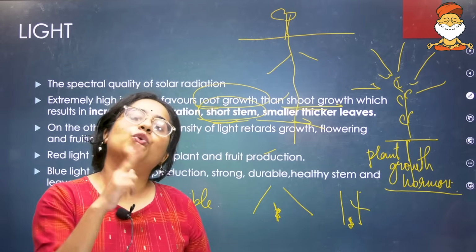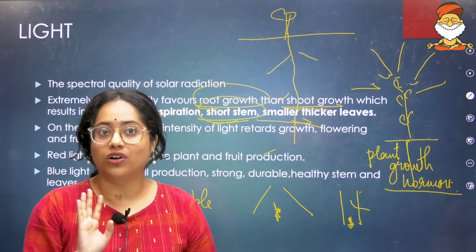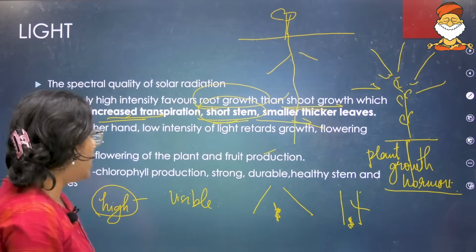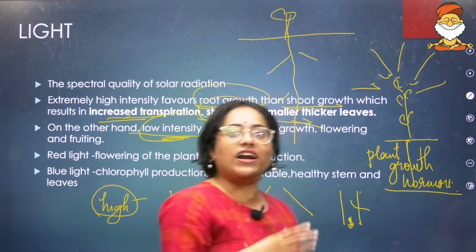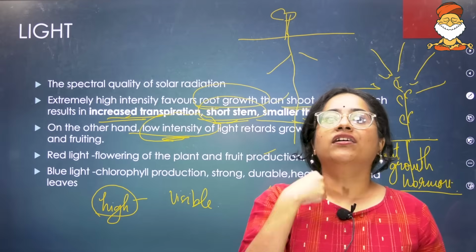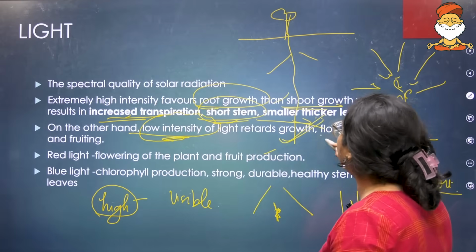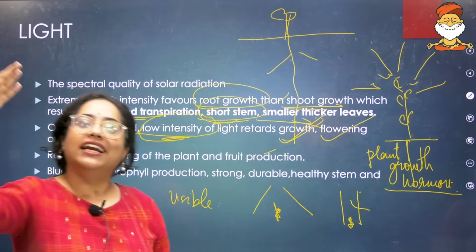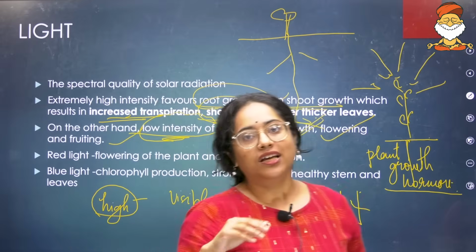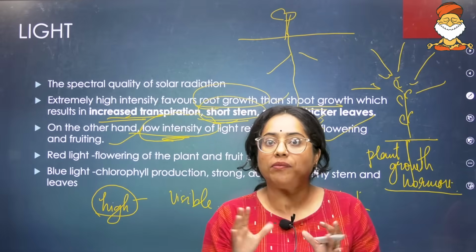So on one hand, high intensity light has triggered root growth in a good manner, but the shoot hasn't grown. And if you are giving low intensity light, again you are not going to aid growth or flowering or fruiting, none of these things. Which means high intensity or low intensity, both have quite detrimental effects on the plant.